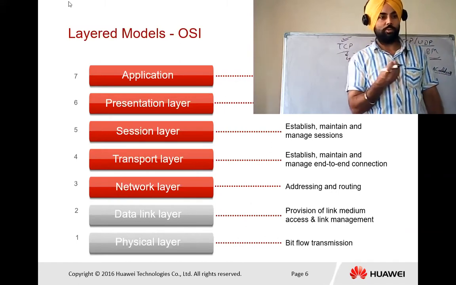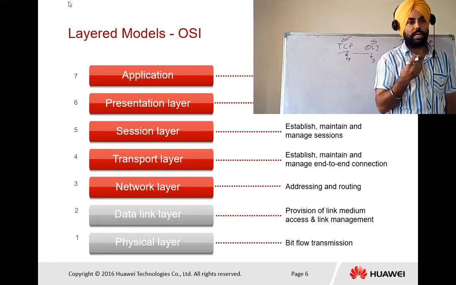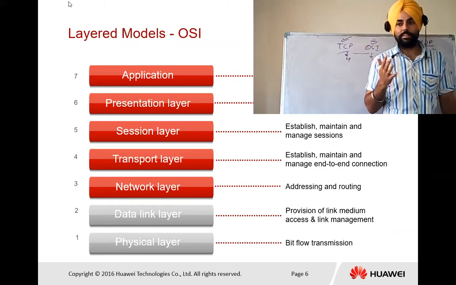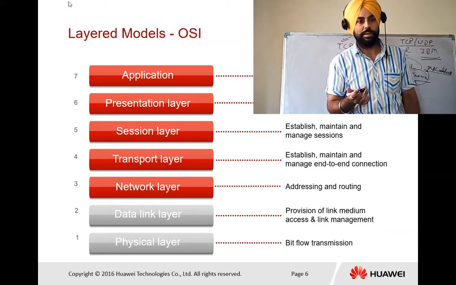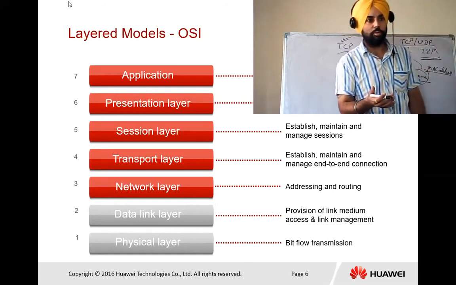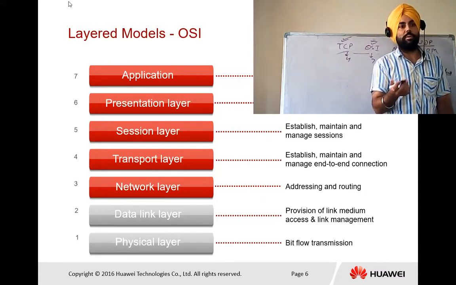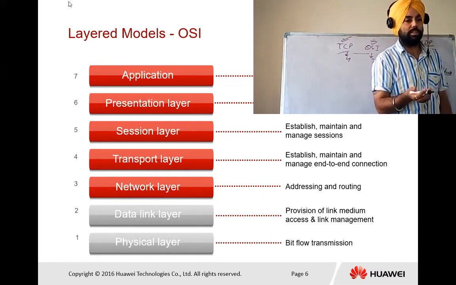UDP is the User Datagram Protocol. We use it when we transfer data much faster compared to TCP. Why? Because it does not send acknowledgement to the destination. That is why it is faster.